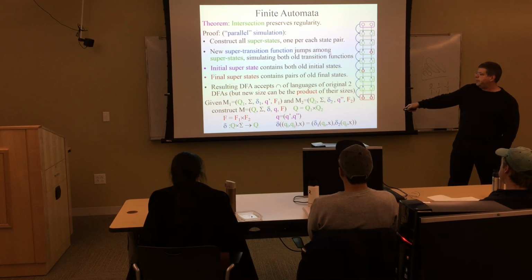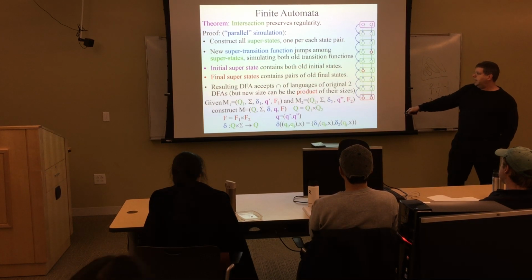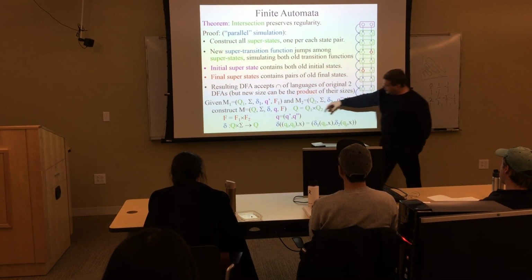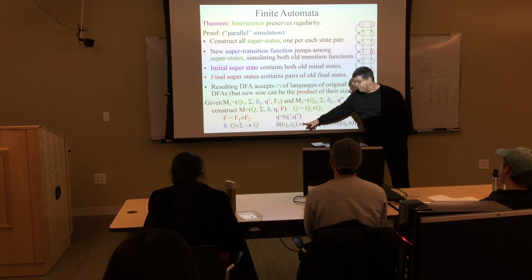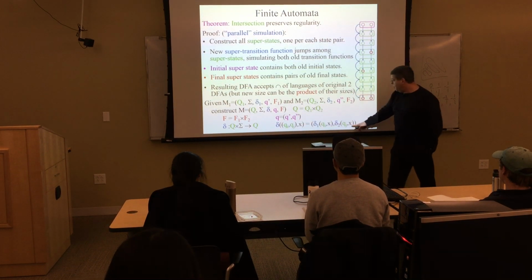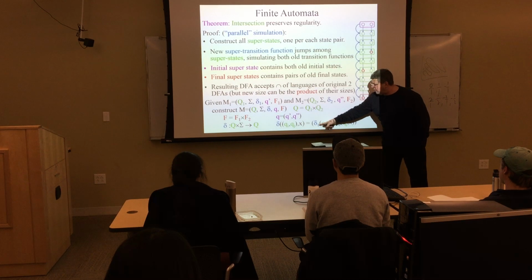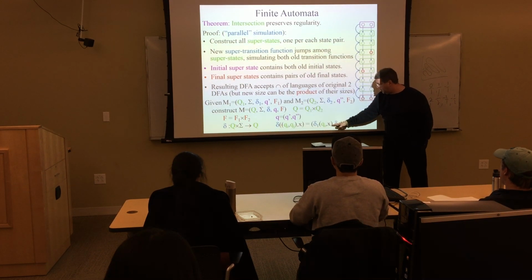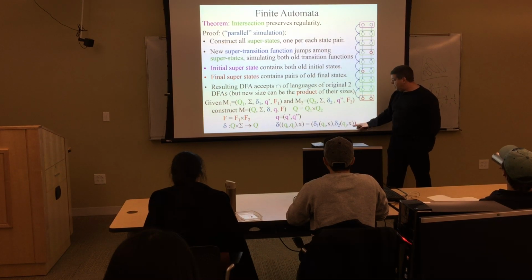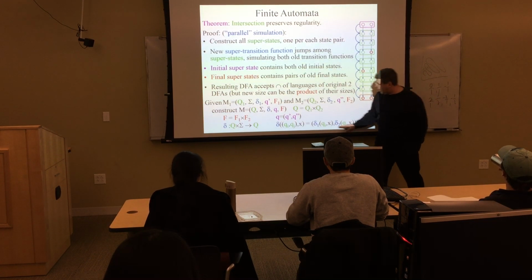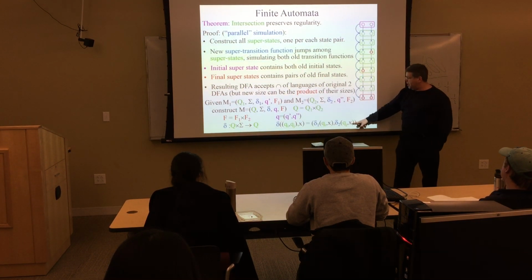All right? And the transition function basically takes us from a pair of states, Qi, Qj, on a particular symbol of the input, to whatever the transition function of the first machine took us to, comma, whatever state the transition function of the second machine took us to from its component of the state on the same symbol x.